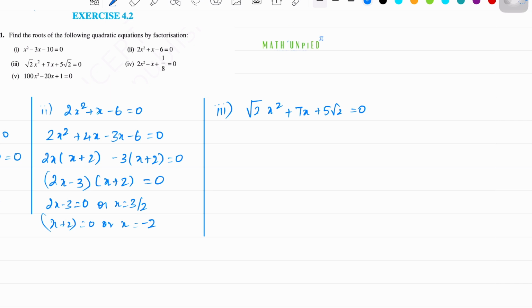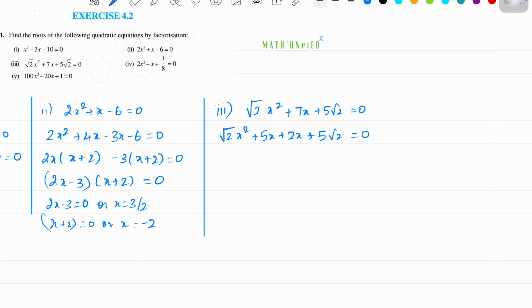So let's do this. This will be root 2 x squared plus 5x plus 2x plus 5 root 2 equals 0. So 5 plus 2 will give 7 and 5 into 2 is 10, which is 5 root 2 times root 2. So we've got this correct.